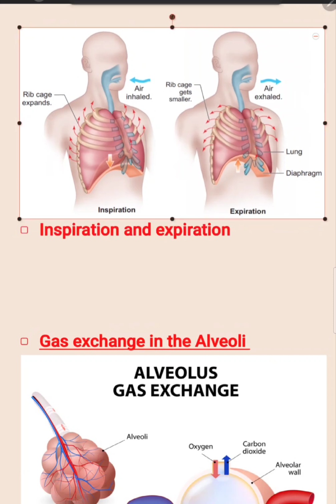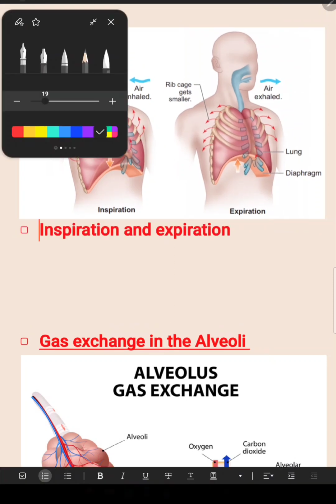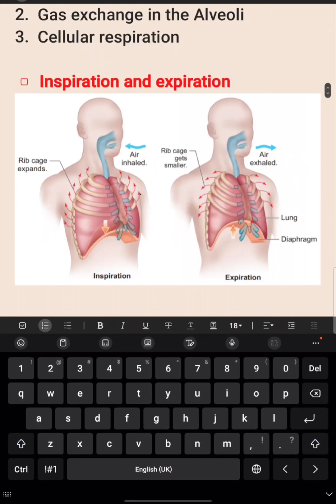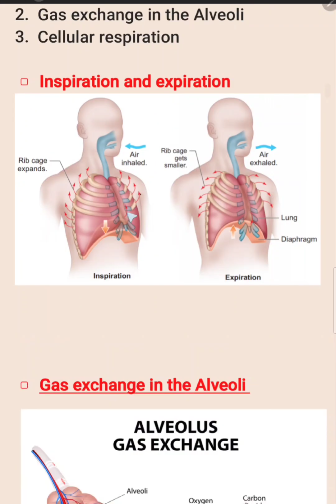The sternum bone moves forward and the ribs move upward. All the muscles, that means the intercostal muscles and the diaphragm muscles, get contracted.